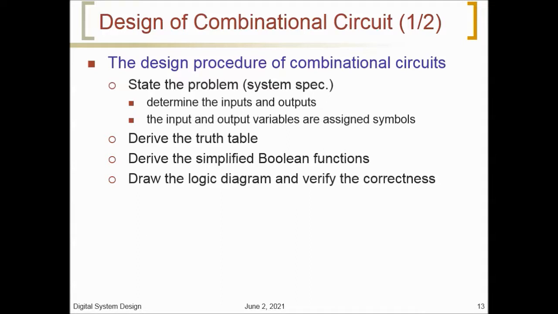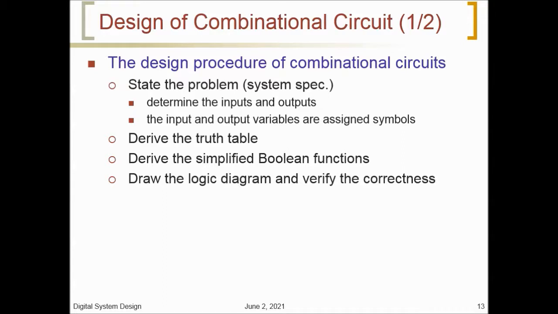Number one, from the specification of the circuit, determine the required number of inputs and outputs and assign a symbol to each. Number two, draw the truth table that defines the required relationship between inputs and outputs.